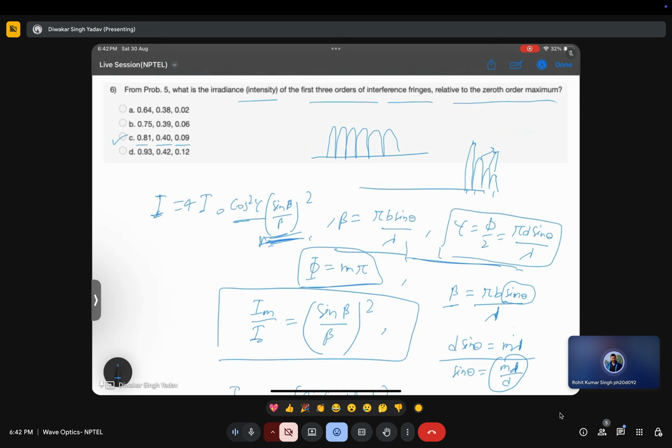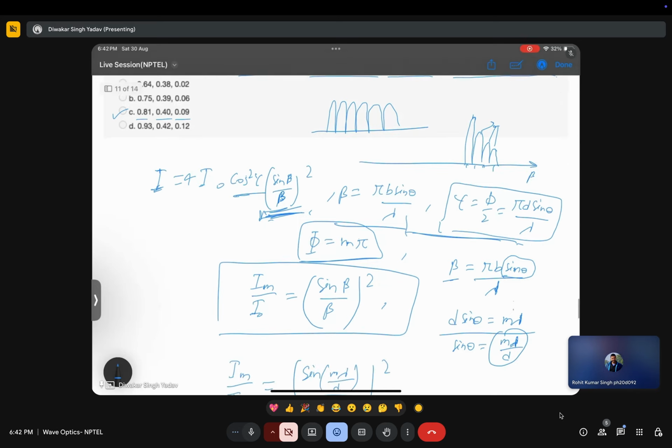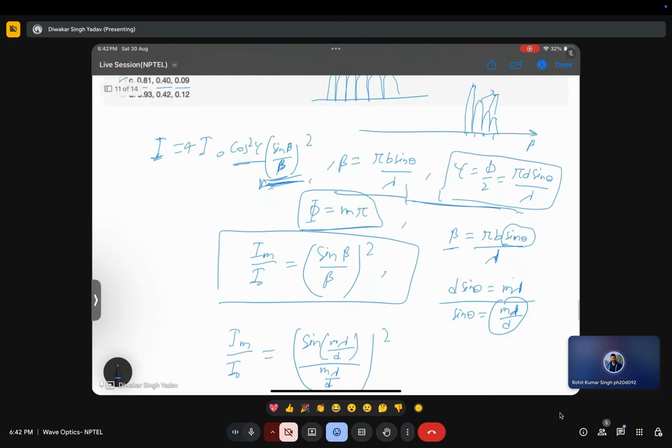This beta square in the denominator is decreasing the intensity as we go to higher beta values. So that's why for this relative intensity, you have to just take the ratio: cos square delta cancels out, 4 cancels out, I naught cancels out, only this remains.